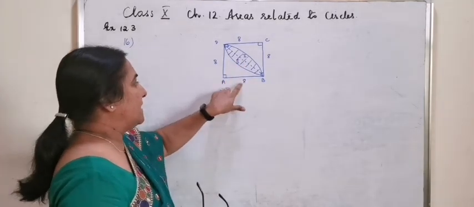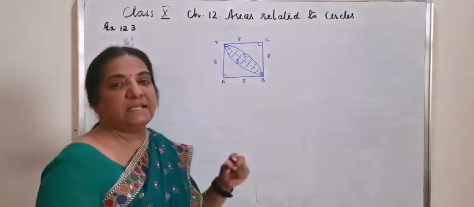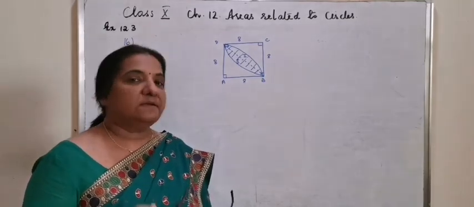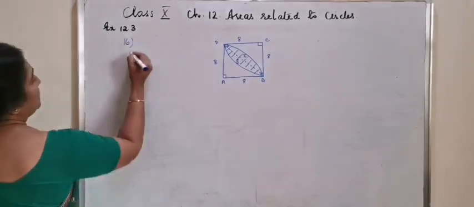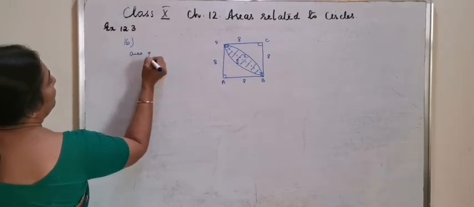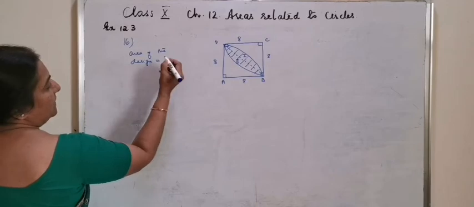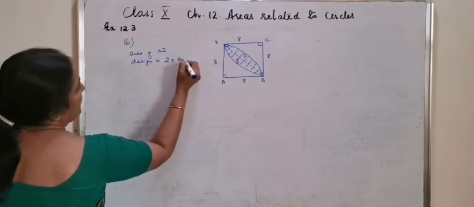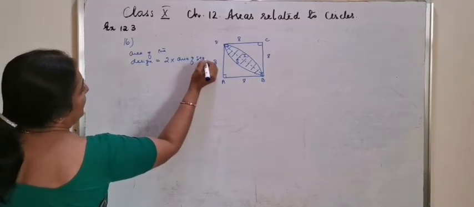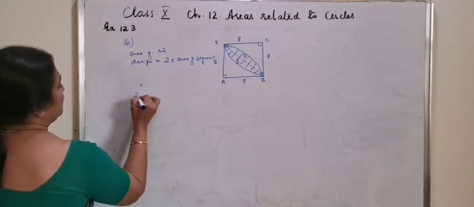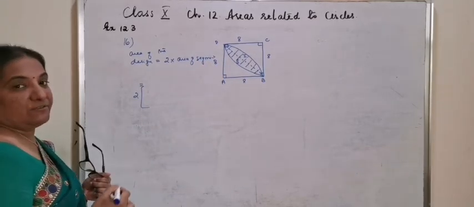Since it is a square and each side measures 8, it is very well the same as 2 times area of one segment. So, area of the design is equal to 2 times area of segment, which is equal to 2 into, what is the area of a segment?